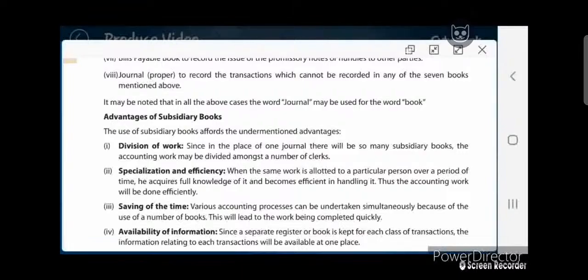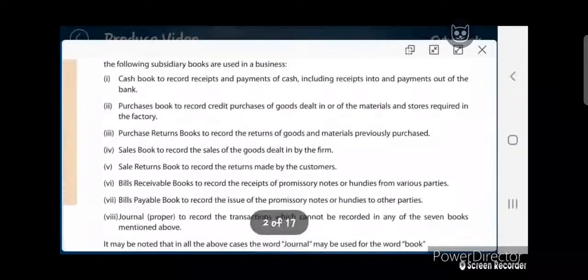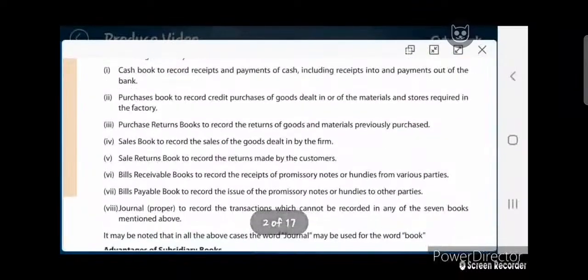The 7 books mentioned here are the cash book, purchase book, purchase return book, sales book, sales return book, and bills receivable book. If you are unable to write a transaction in any of these books, you can write it in this journal.